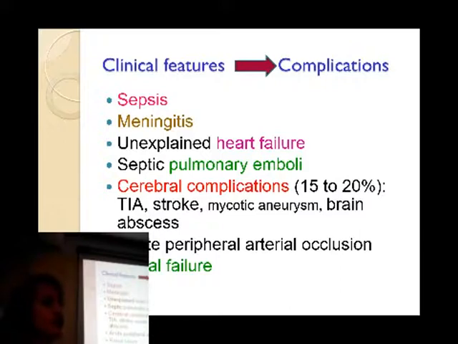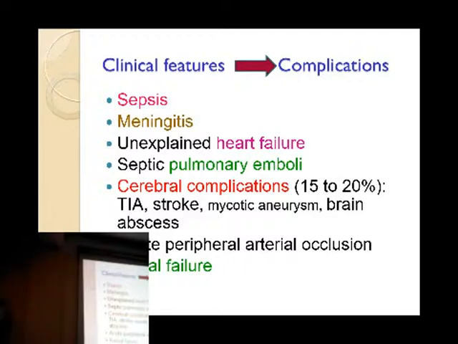Patients will go into severe sepsis because circulation of bacteria in the body leads to sepsis, resulting in hypotension, confusion, and even death. They can get meningitis because it's a blood-borne infection. It can dislodge and infect any other organ of the body.